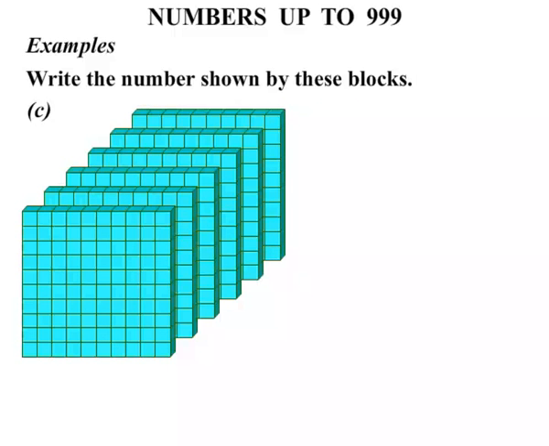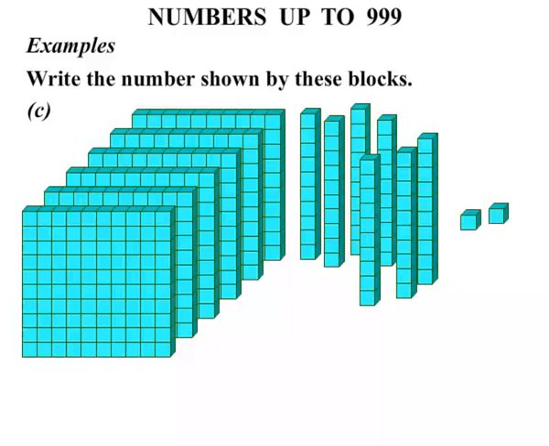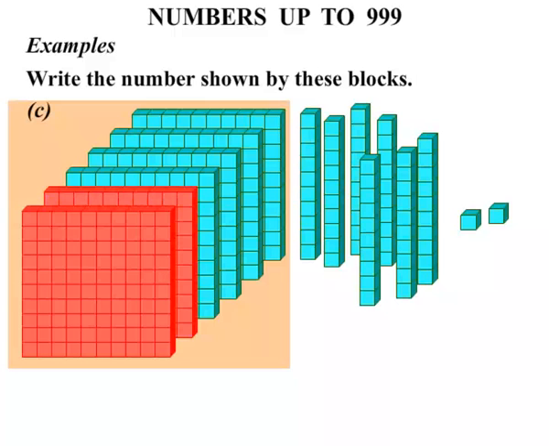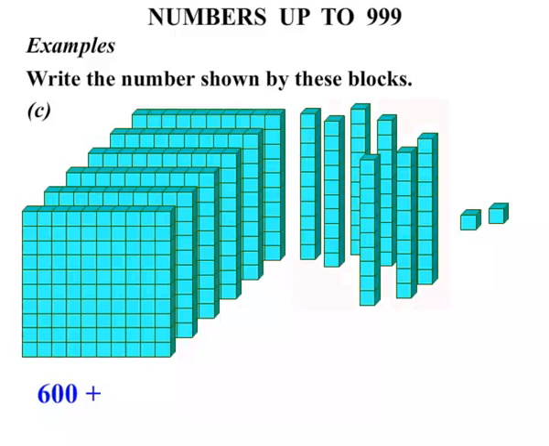Now let's consider part C. A number of flats there, a number of longs and some shorts. Well, let's count in hundreds. 100, 200, 300, 400, 500, 600. Plus, counting in tens, 10, 20, 30, 40, 50, 60, 70.